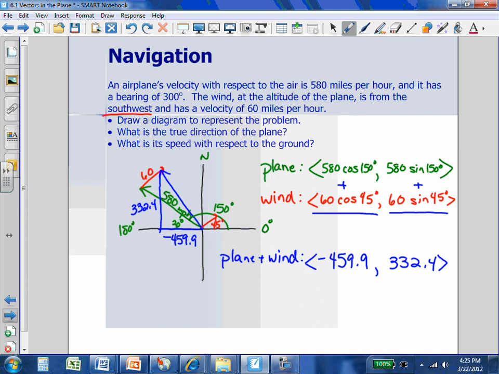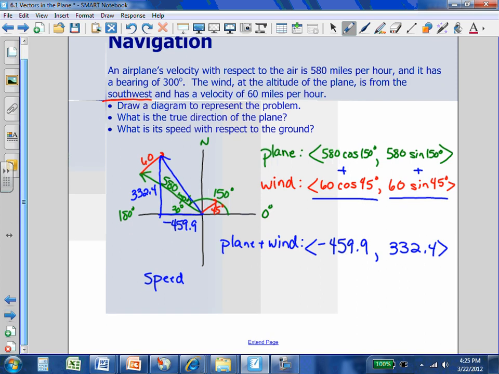Now, what is the true direction and what is the speed with respect to the ground? Well, the speed with respect to the ground is the magnitude. So we're dealing with only the blue vector now. So speed is the magnitude. And to do magnitude, of course, we're going to take the square root of negative 459.9 squared plus 332.4 squared.